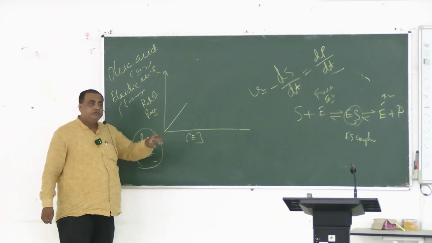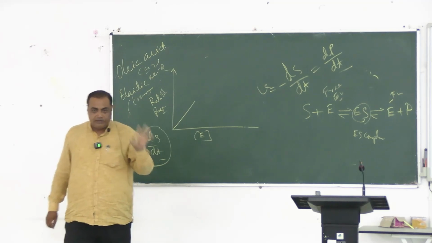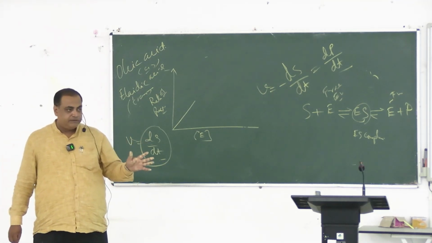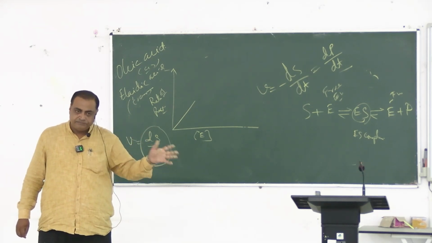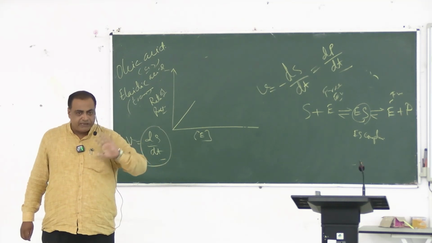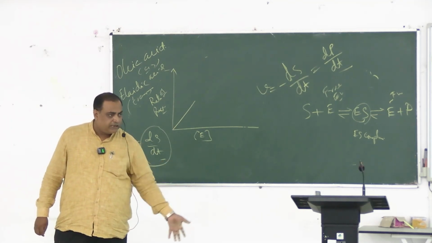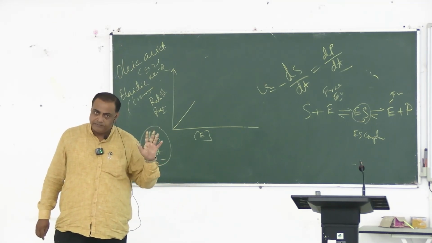More enzymes, more reaction. 5 men can perform a work in 5 days. So 10 men will perform the work in 2.5 days. 15 men, 1.75 days. Correct? 20 men less, further less, 1 day. Correct?